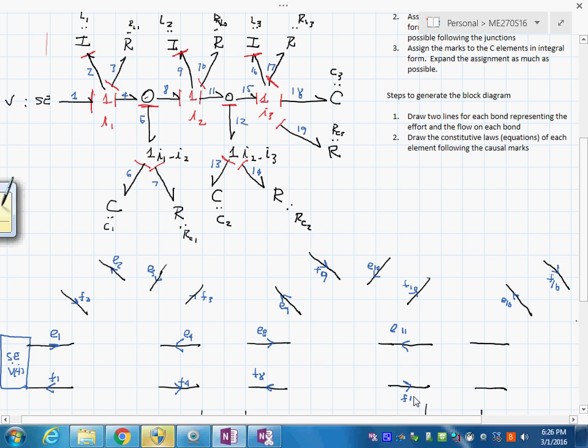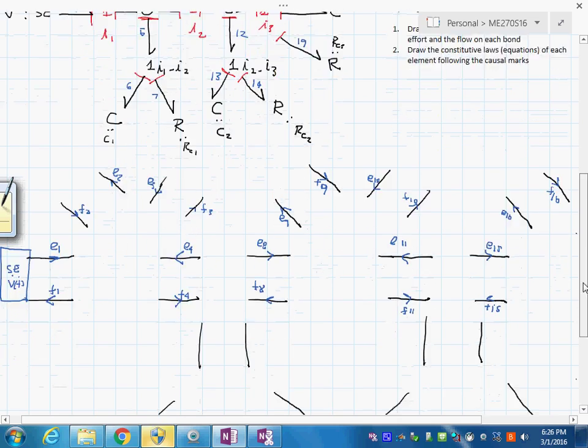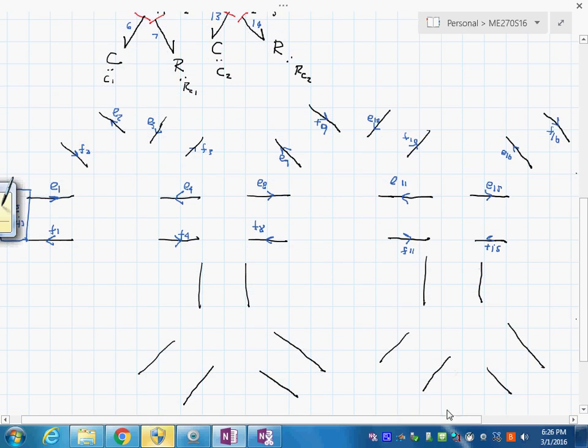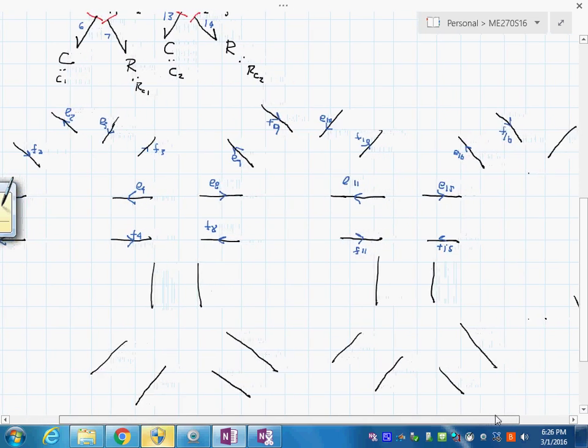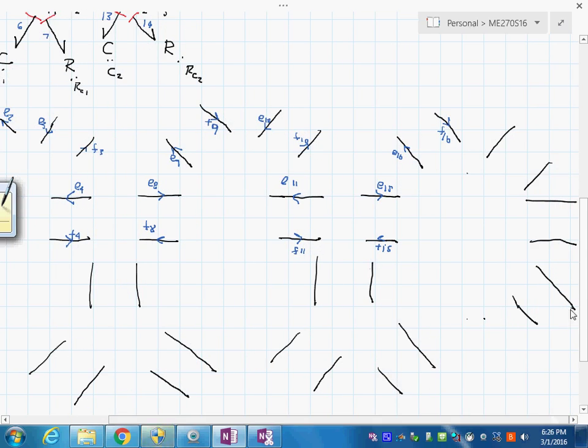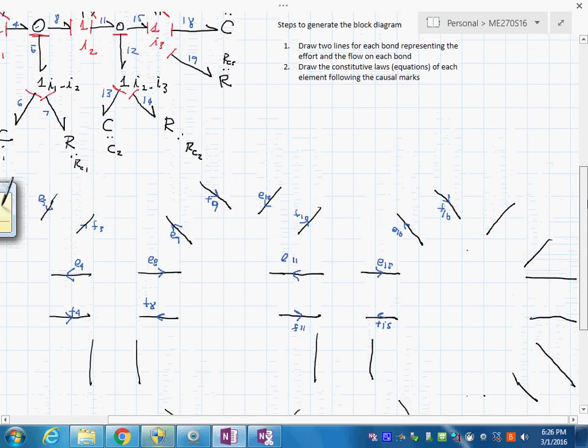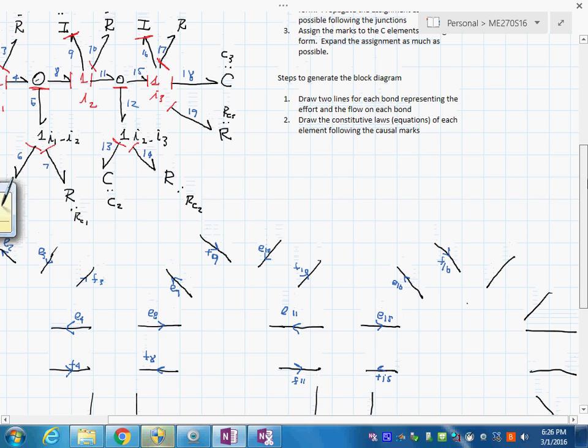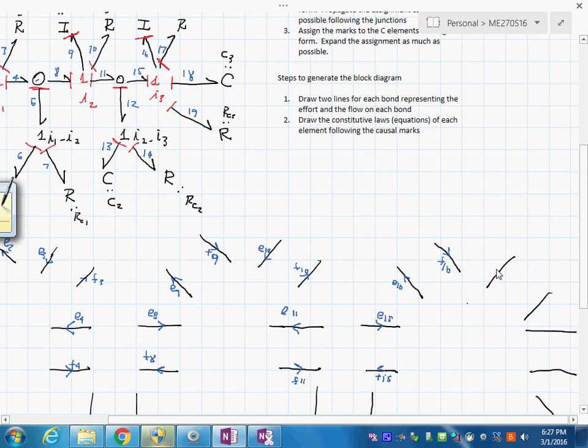And then of course on the number 19 you see that E19 is like this. I try to put efforts on the left, flows on the right, so that we have organized. And this is E sub 12, which is E12 is like this and F12 is this way.